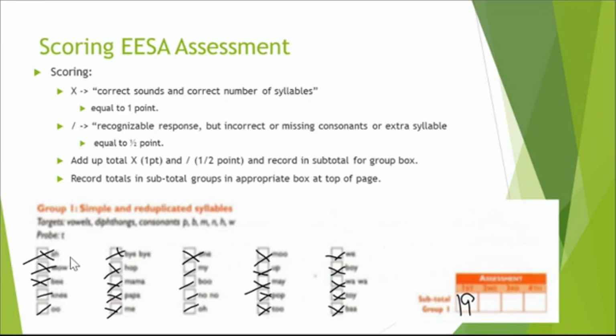But right now, the student got a one, so I colored in the entire box. In milestone number 2, they also scored a one, so I colored the entire box. 3 and 4 followed suit with scores of 1, so the entire box is colored.